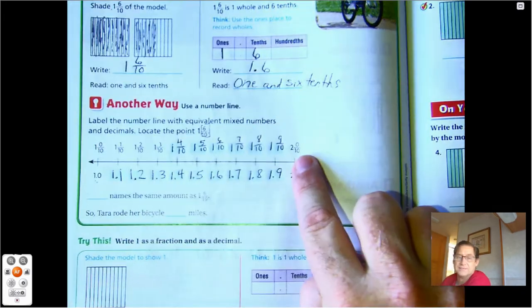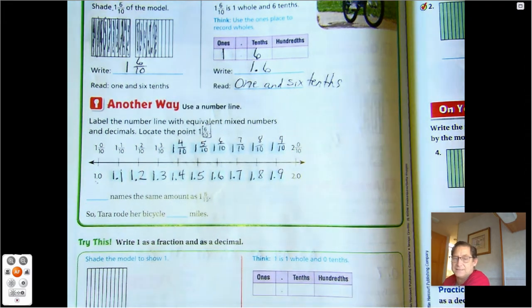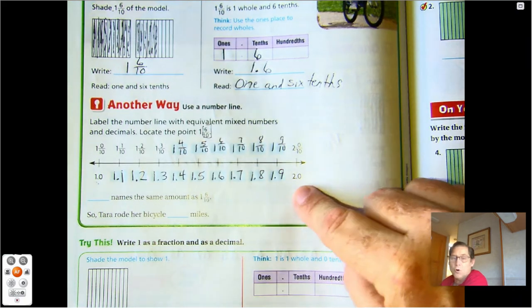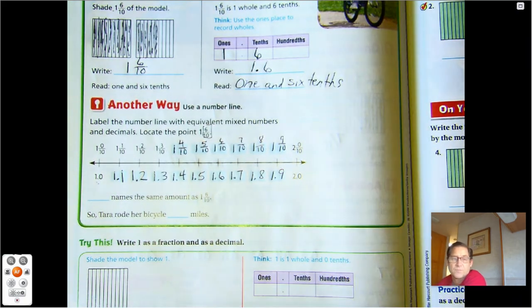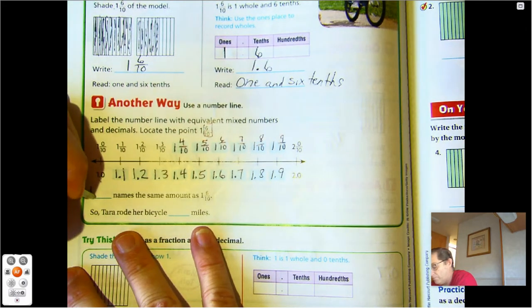And you notice that when we get to 2, there are no longer any additional pieces. So we have 2 wholes with nothing left over. So blank names the same amount as 1 and 6/10, 1.6.